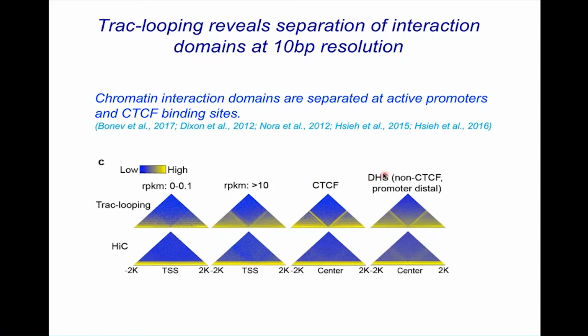But in control, for DHS sites without CTCF binding, we see the interaction intensity on each side and also across the site are similar, so there's not much clear separation. The lower track panel shows the Hi-C control. As you can see, we don't see much separation at 10 base pair resolution.